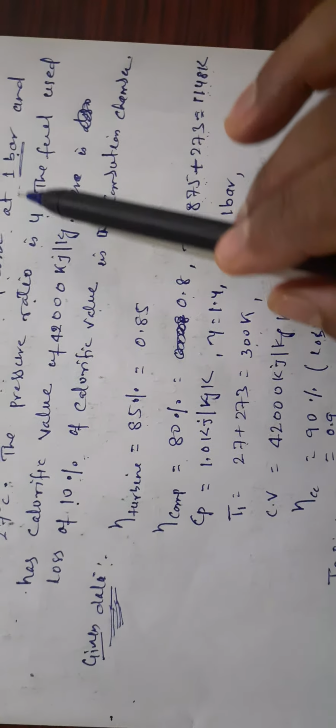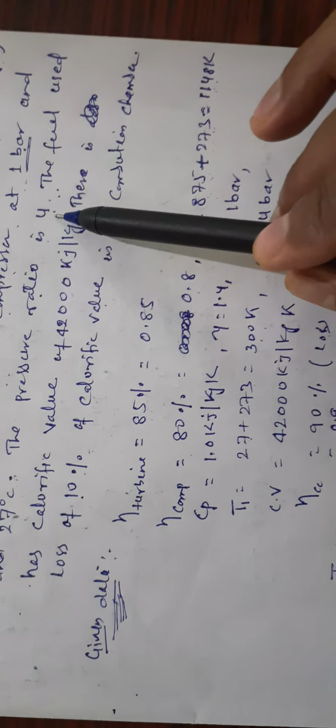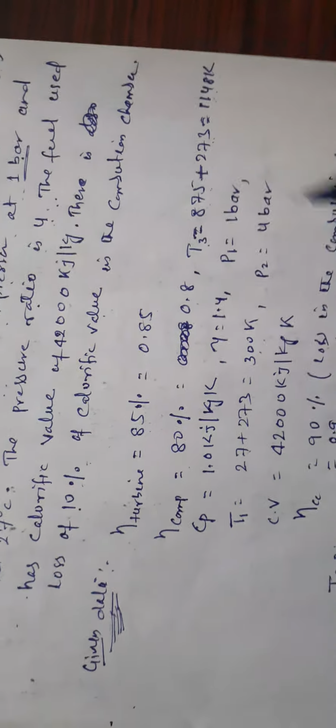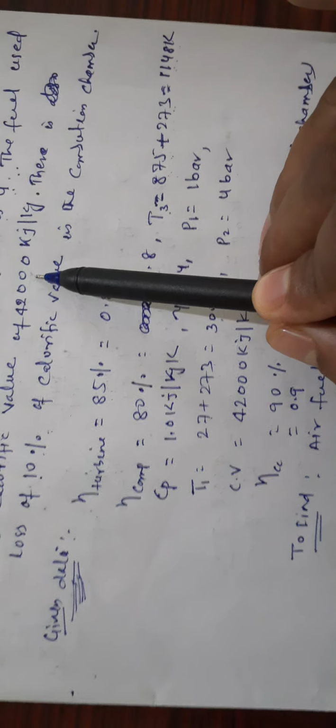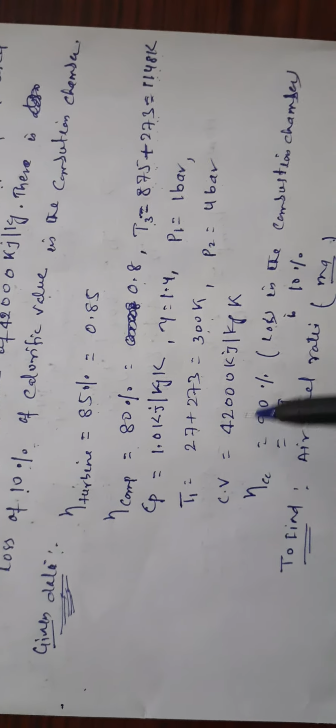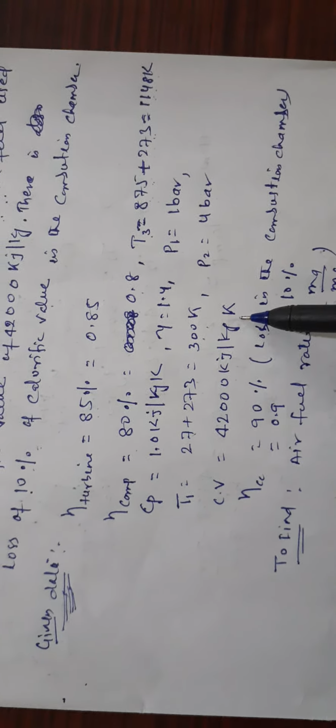The pressure ratio is 4, so P2 is equal to 4 bar. The calorific value is also given as 42,000 kilojoule per kg.